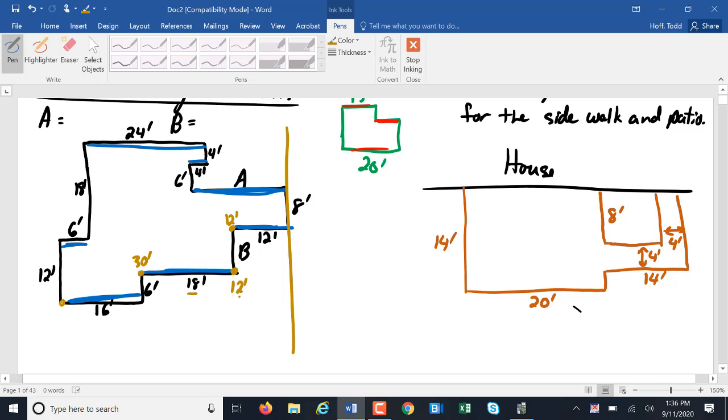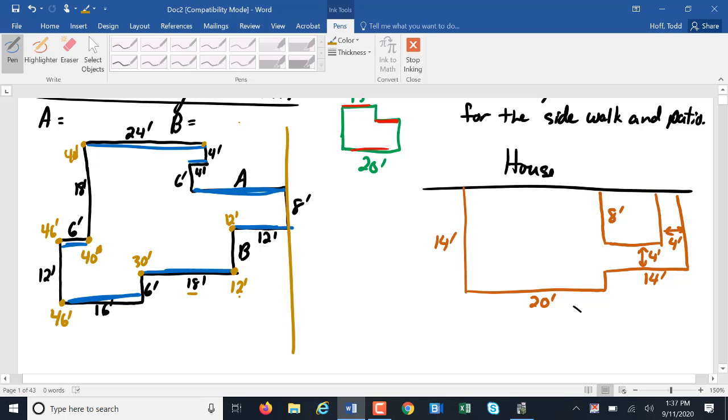How far is this point away from the line? 46. Good. This point? Still 46. Hasn't moved at all. How about this one? Back to 40. This one? Still 40. This one? Careful.